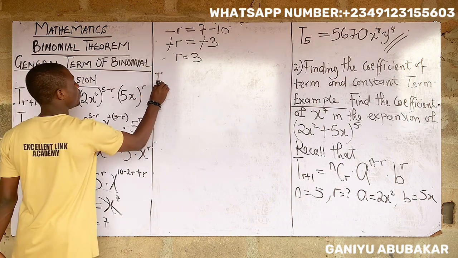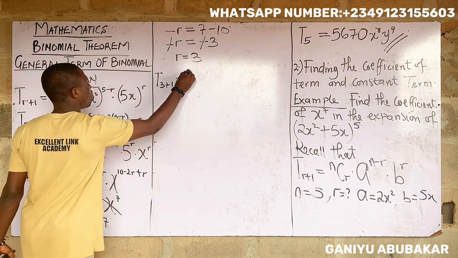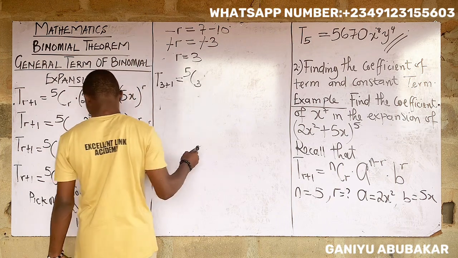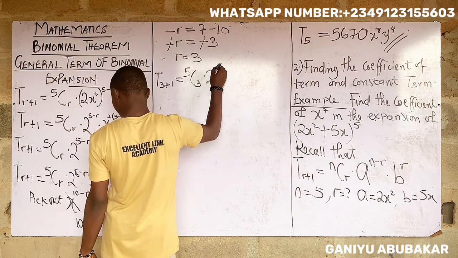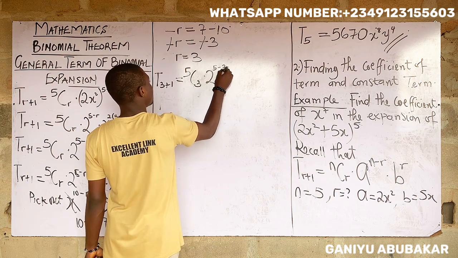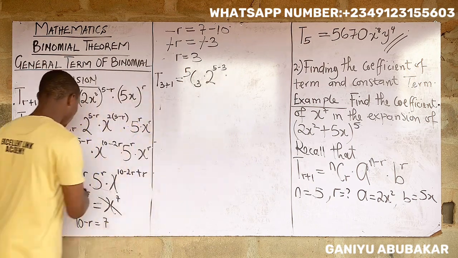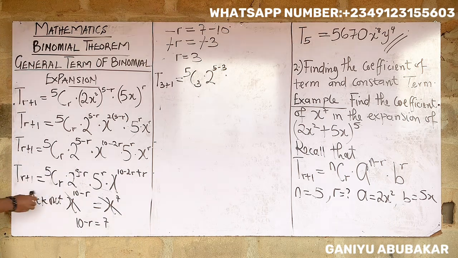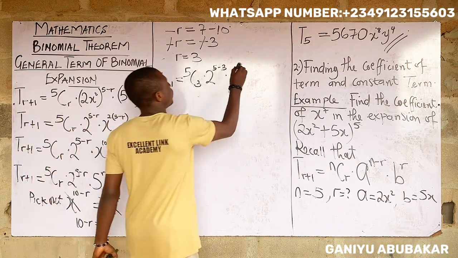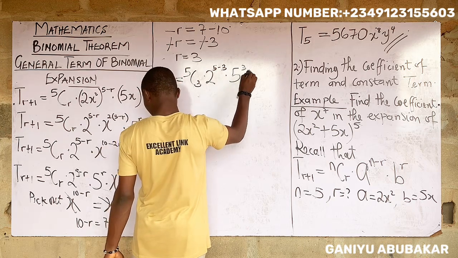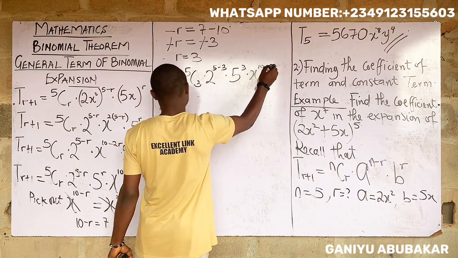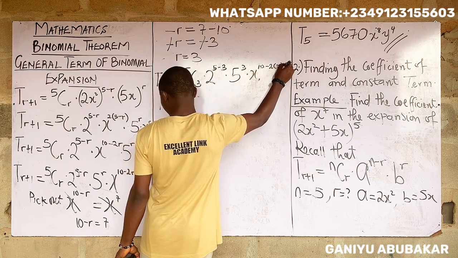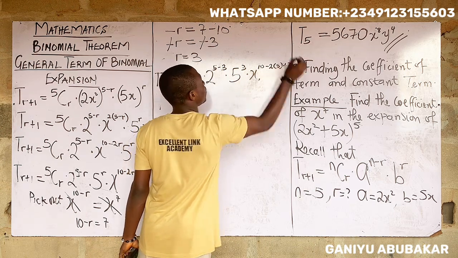That becomes 3 plus 1 equal to 5 combination 3, times 2 to the power 5 minus 3, observe it is 5 minus 3, right? Times 5 to the power 3, times x to the power 10 minus 2 into 3, right? Plus 3.